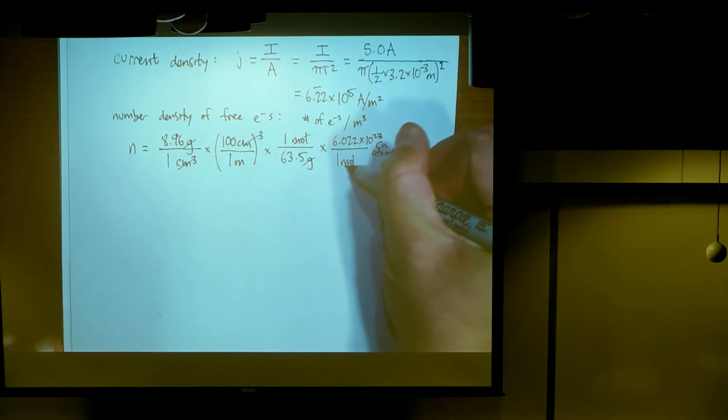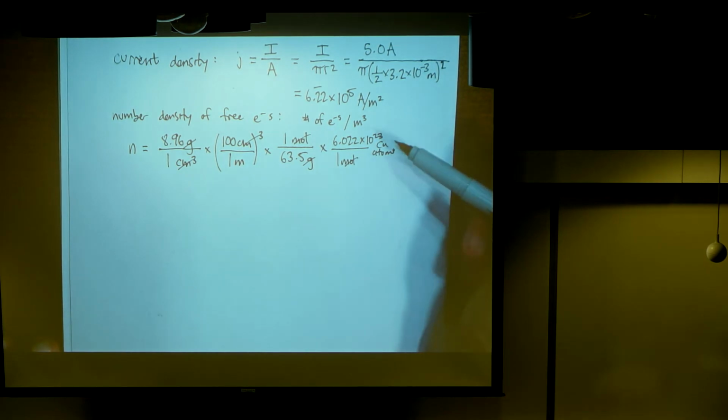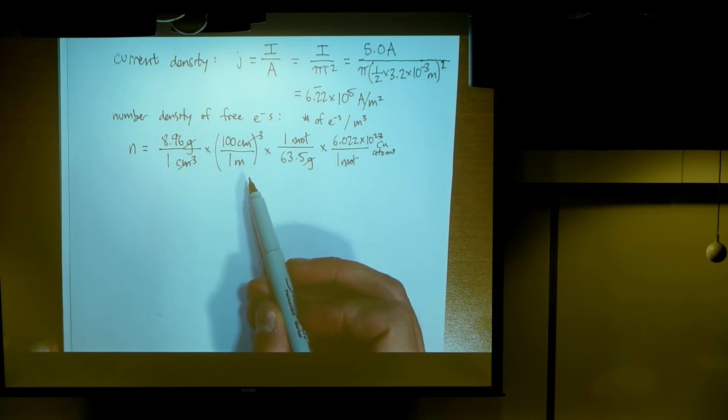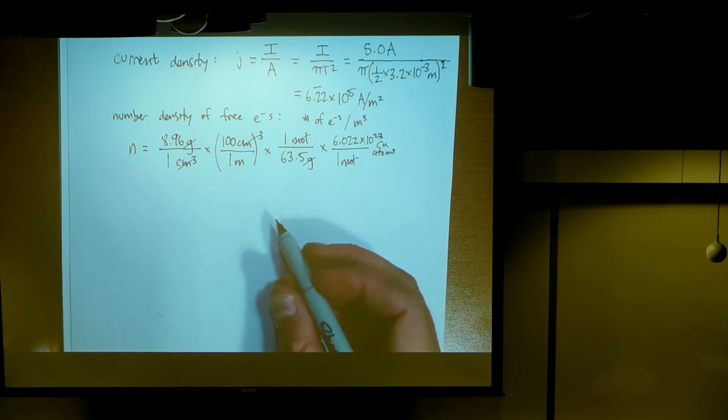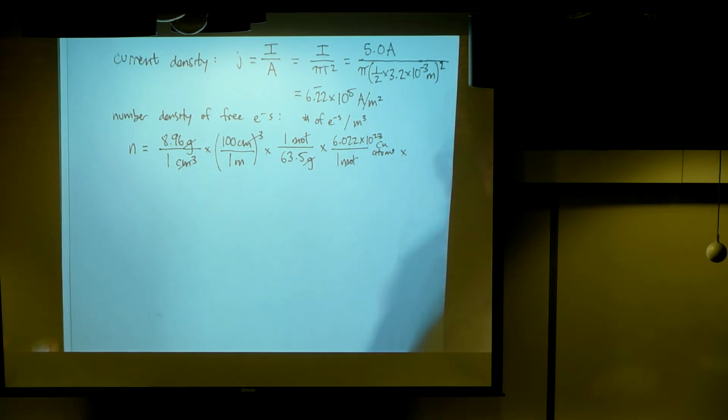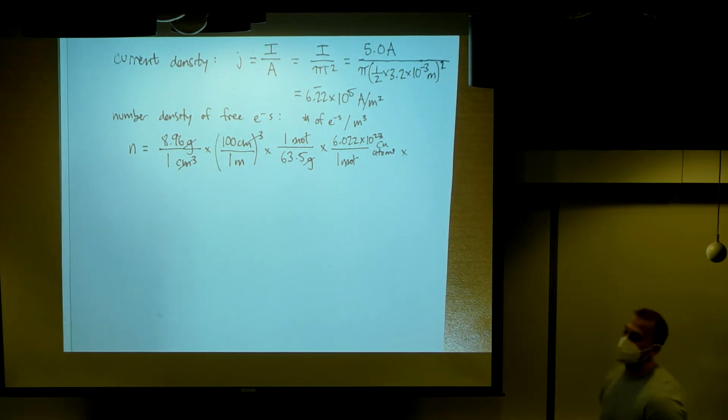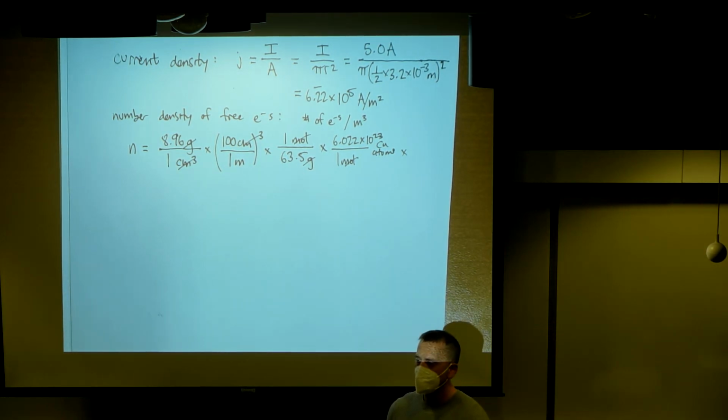So let's see what we have so far. Now we have the number of copper atoms per cubic meter. That's almost what we want, but what we actually want is the number of free electrons per cubic meter, right?